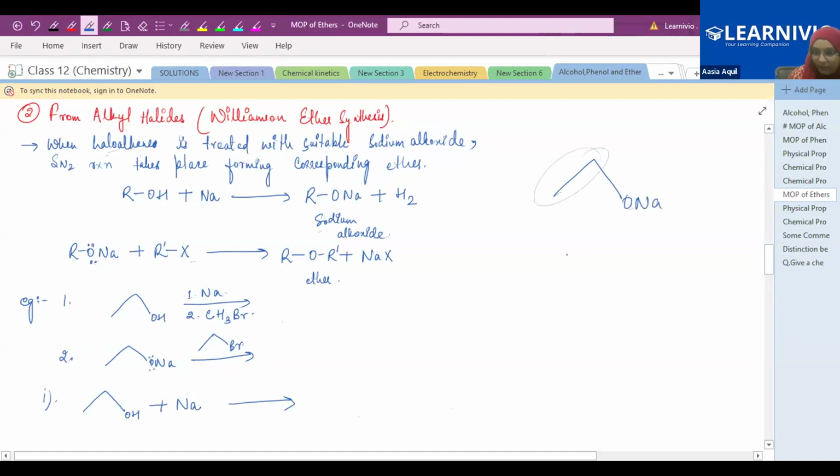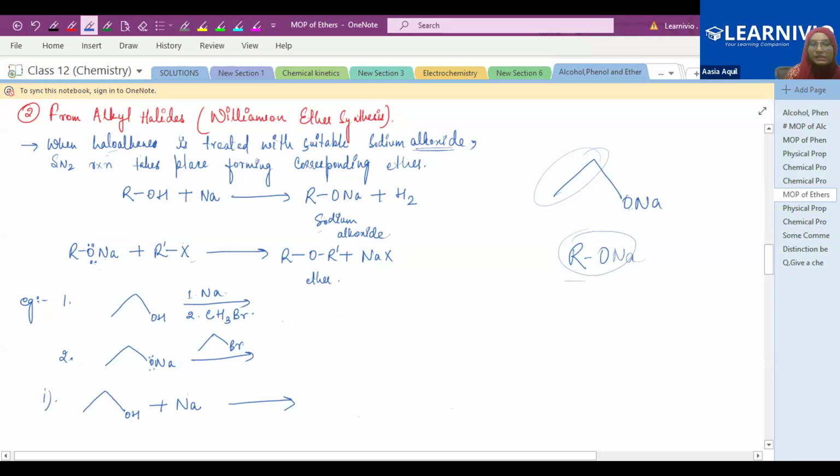So this is your sodium alkoxide. This RO group, we call it alkoxide. Alkyl with oxygen linkage is known as alkoxide. Try to understand the meaning of this word alkoxide: alkyl plus oxide linkage. This RO group is the alkoxide, and when it is sodium alkoxide it means RONa. This is a sodium alkoxide.